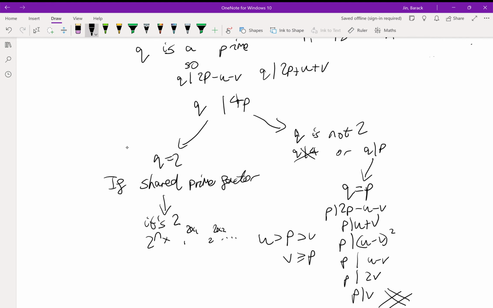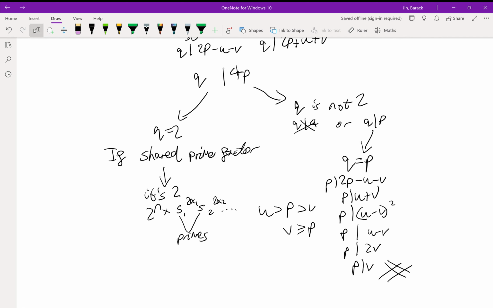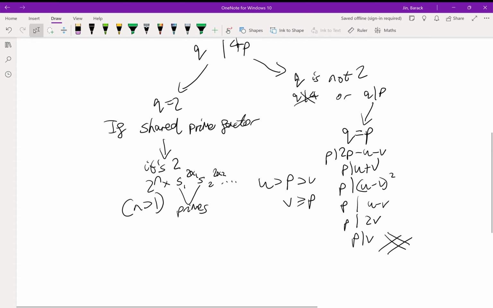These are primes, and this is either a square or 2 times a square, depending on n. Because if n is even, then it's a square, and if n is odd, then it's 2 times a square. But if there's no shared prime factor, then think of n as 0.